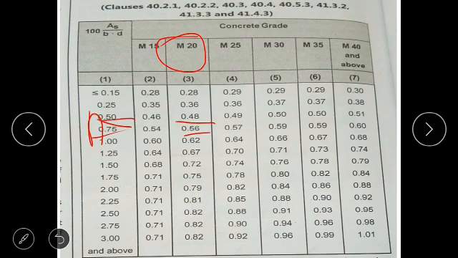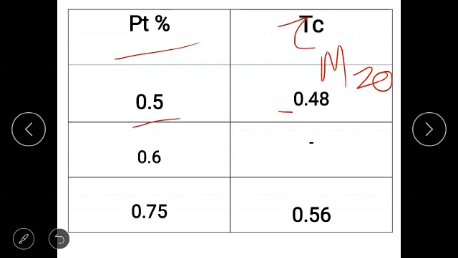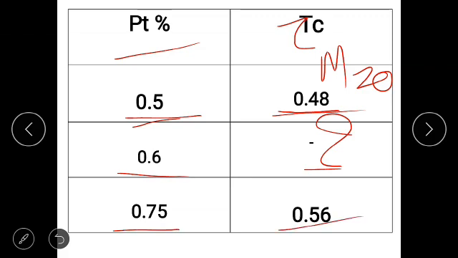So write this in one table: 0.5 is 0.48 and 0.75 is 0.56. So in this table we only write PT percentage for 0.5. Tau C, here the grade of concrete is M20, so the tau C value for 0.5 is 0.48. For 0.6 we don't know the value, so we have to find it here. 0.75 value is 0.56. So how to calculate tau C for 0.6 percentage?